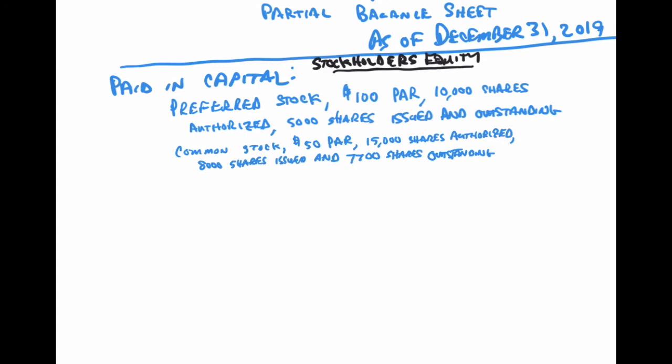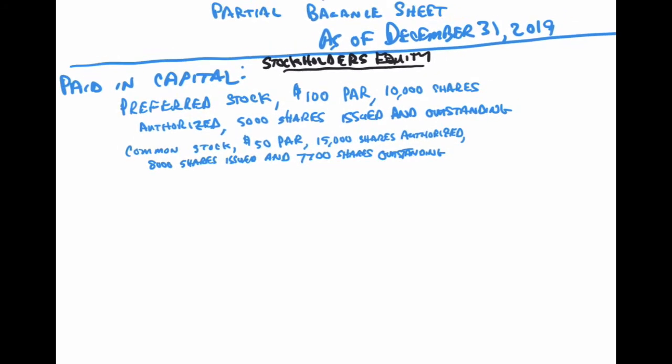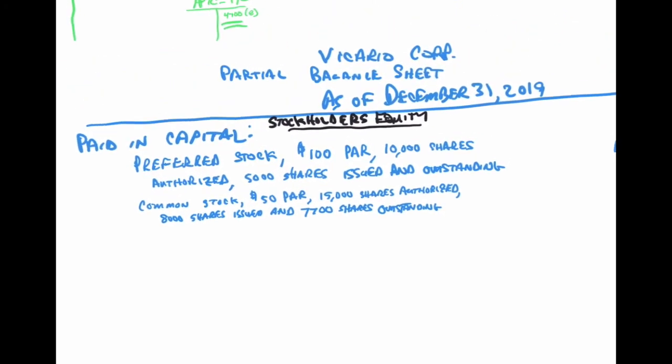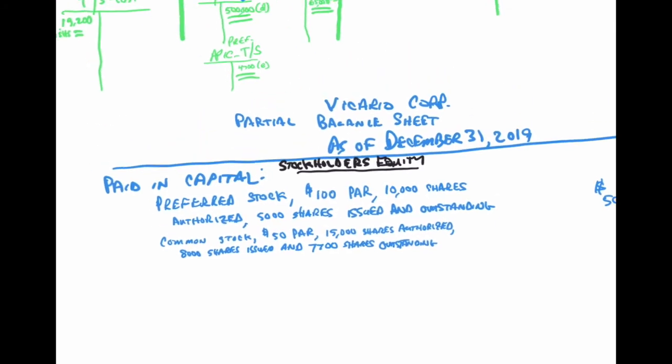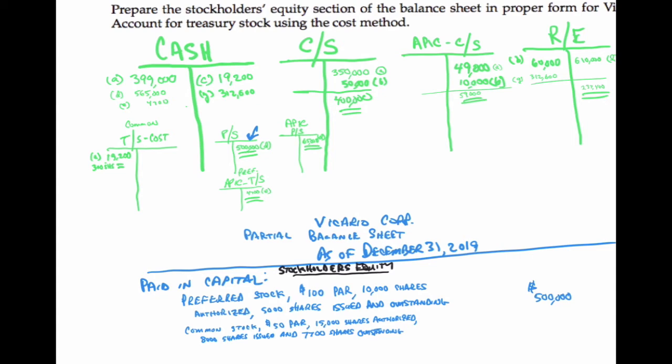So here, it's the issued number that we multiply by the par value. So 8,000 times 50 is 400,000, and that's going to be our 400,000 right there.